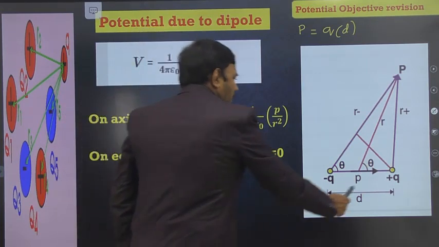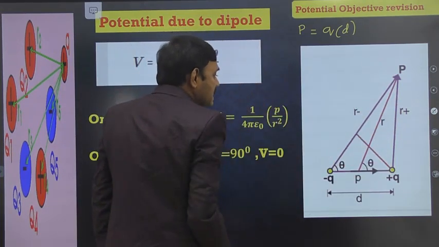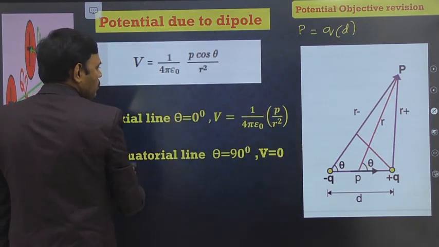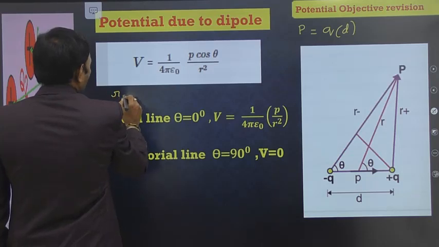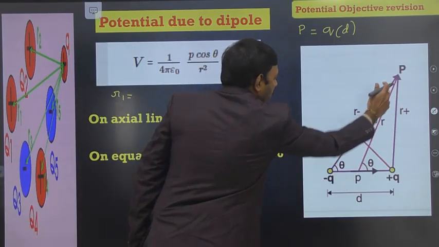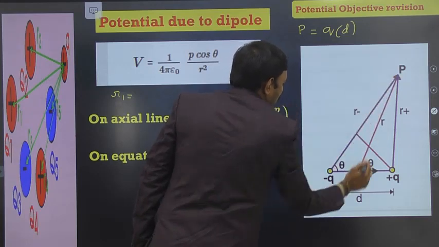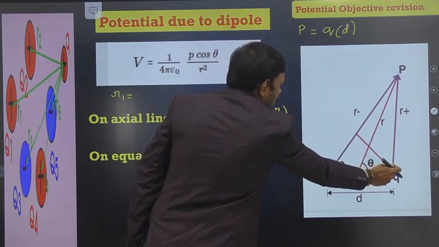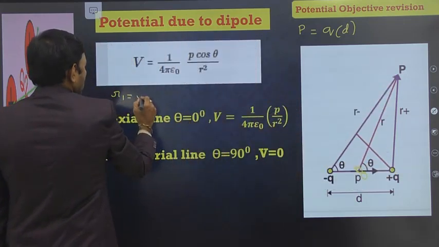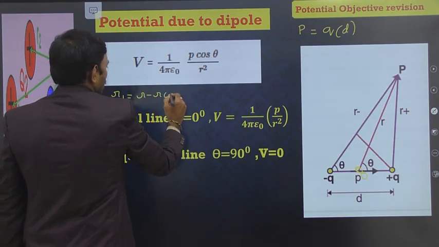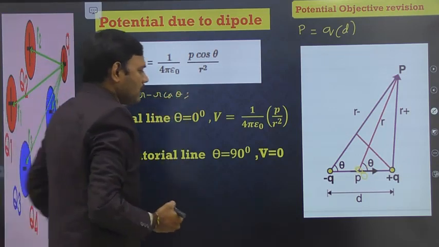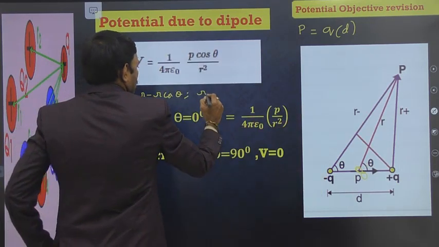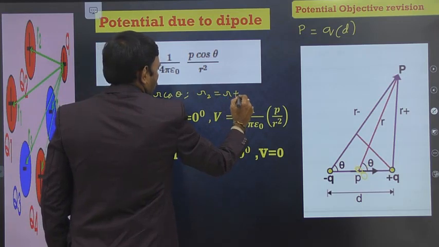Let O be the midpoint, and the distance from the midpoint to P is r. Then the distance from plus q to P is r1, which is r minus r cos theta, and the distance from minus q is r2, which is r plus r cos theta.